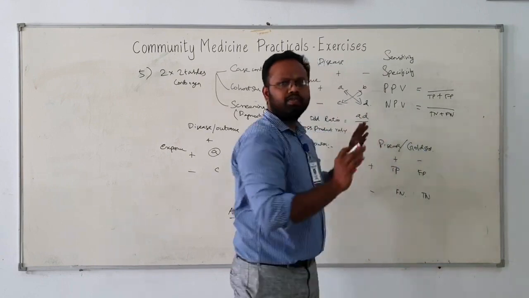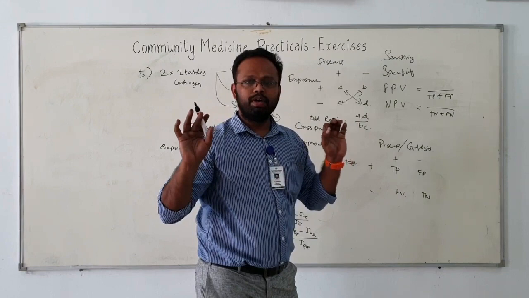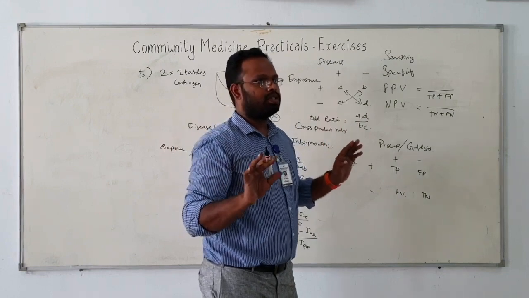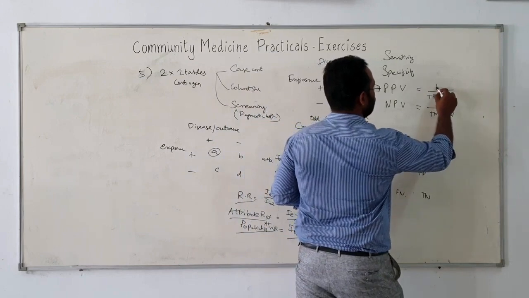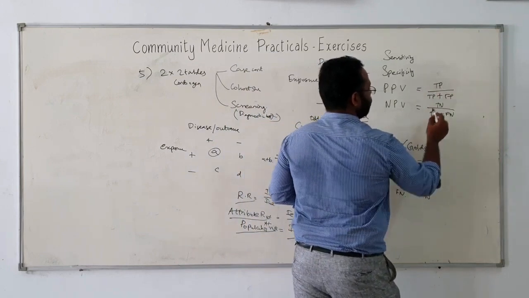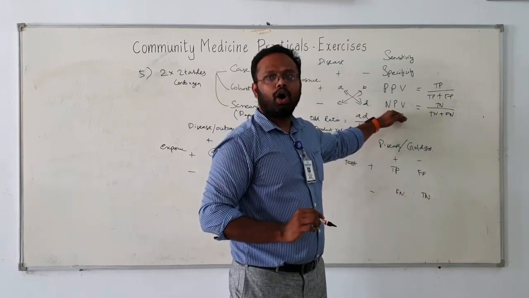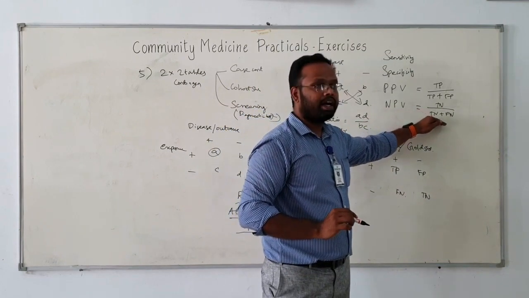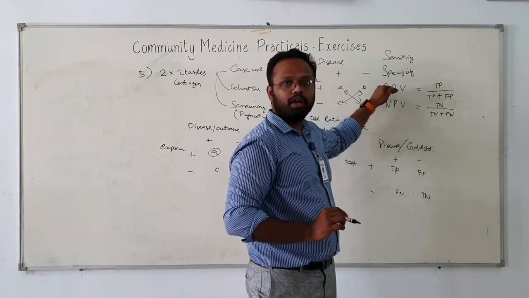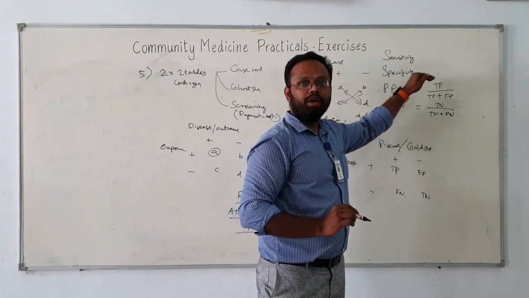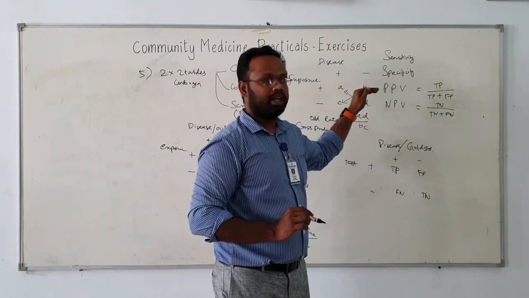In all these formulas, true will be on the top. Always remember, truth will be on the top. So all these 4 formulas, truth will be on the top. So what it means is, negative predictive value is out of the total predicted negative, how many are truly negative? Out of the total predicted positive, how many are truly positive? That is the predictive values of positives and negatives.